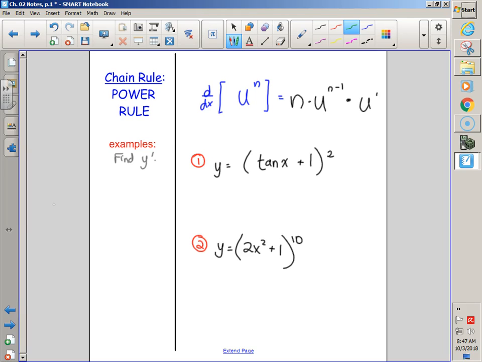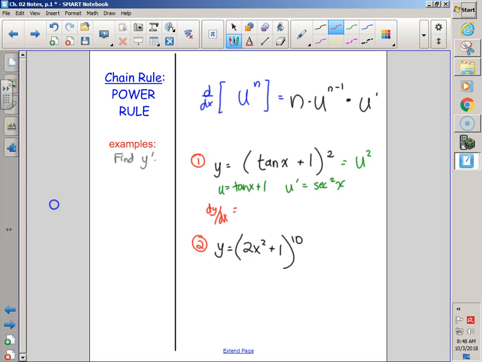That's okay. Right? So all you need to do is say, who's u and who's u prime? What's the derivative of inside? Secant squared of x. Ooh, we're not so confident on our basic rules anymore. What would be the derivative if I was to rewrite this as u squared? dy dx.